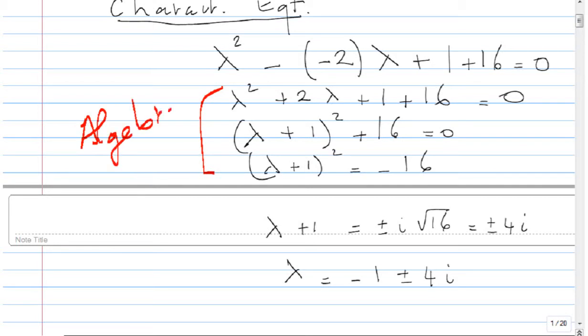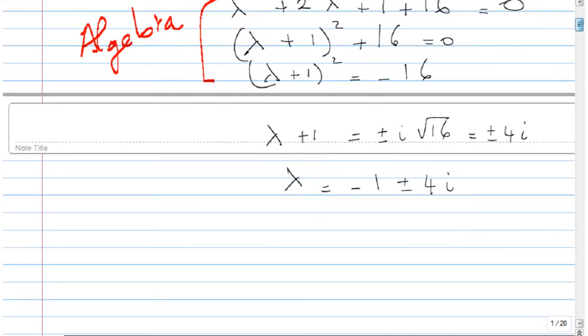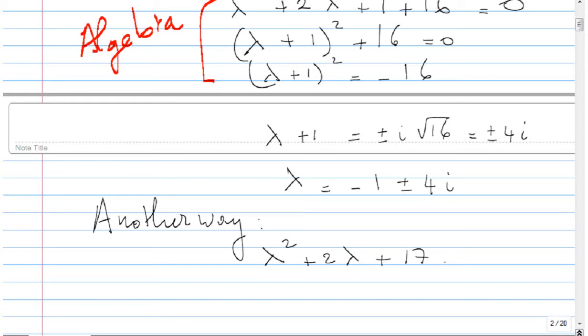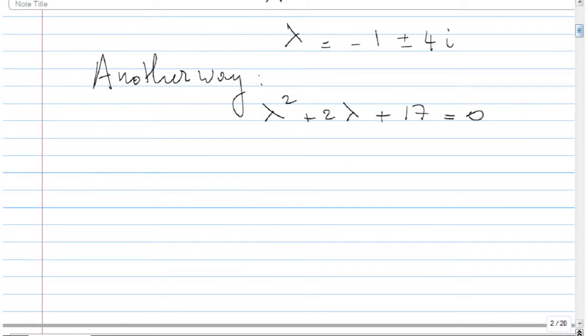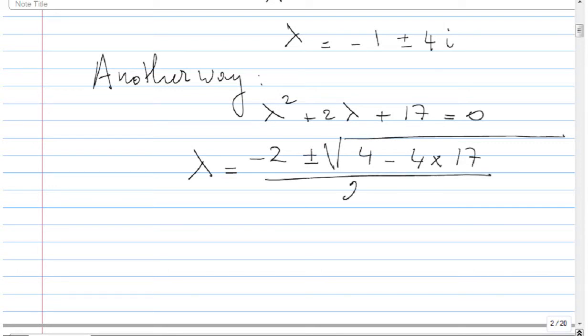Okay, so some may wonder, what if I want to use the quadratic formula? Fine, so let's do it another way. So we have lambda squared, the original equation, plus 2 lambda plus 1 plus 16, that's 17, equals 0. So lambda equals, from the quadratic formula, just to be careful about the numbers, minus 2 plus or minus the square root of 2 squared, that's 4, minus 4 times 17, over 2.